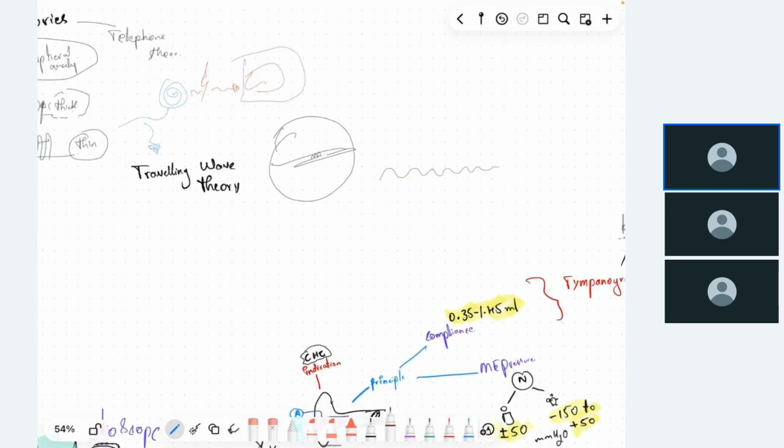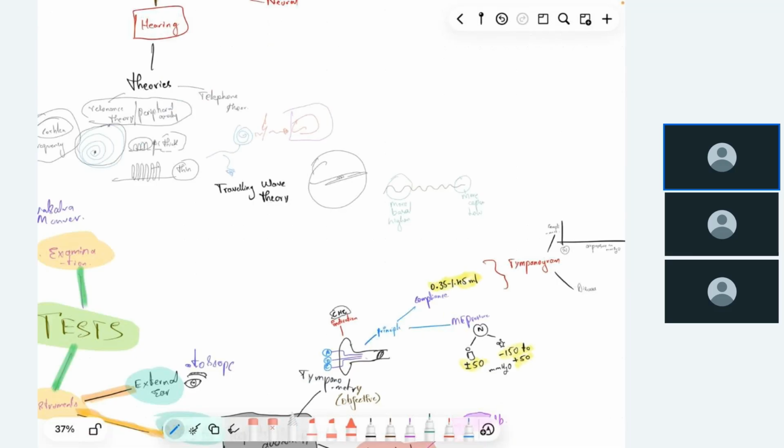The traveling wave theory tells us the sinusoidal movement is more in the basal turn in case of higher frequency. The sinusoidal movement of the basilar membrane is more in the apex if the frequency of sound is low. So thereby localizing of sound is occurring at the level of the cochlea.